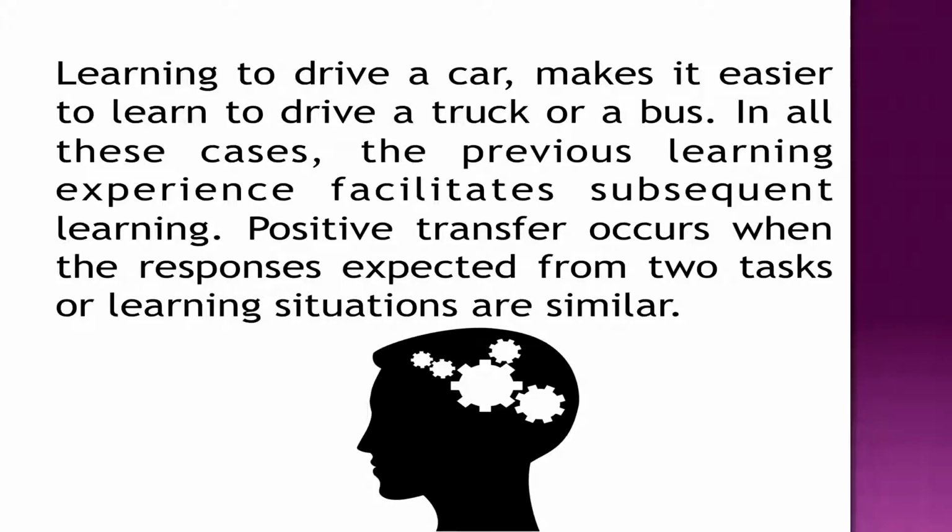Learning to drive a car makes it easier to learn to drive a truck or a bus. In all these cases, the previous learning experience facilitates subsequent learning. Positive transfer occurs when the responses expected from two tasks or learning situations are similar.